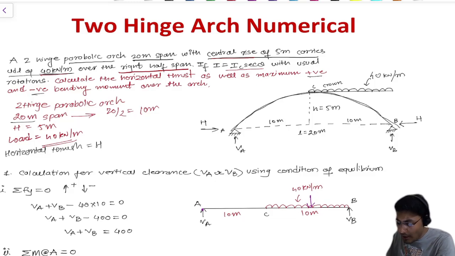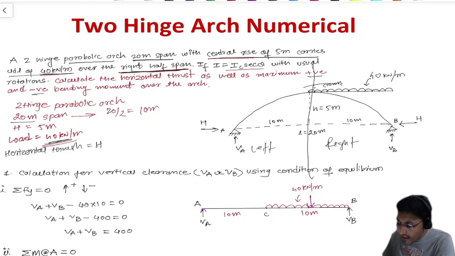After drawing the arch, what was the load condition? It is 40 kilonewton per meter, which is mentioned. But where do we need to assign it? It is 40 kilonewton per meter over the right half span. This is the left side, this is the right side.